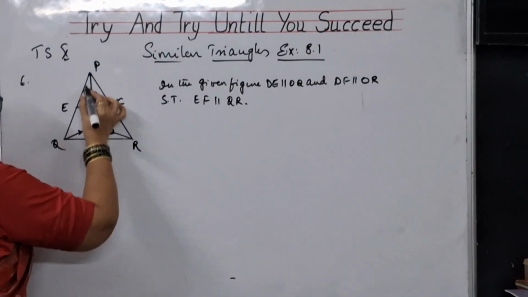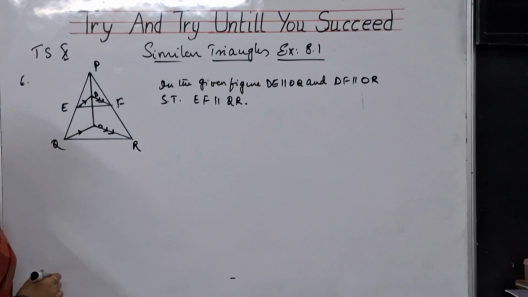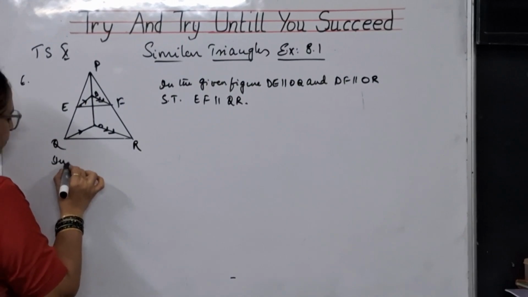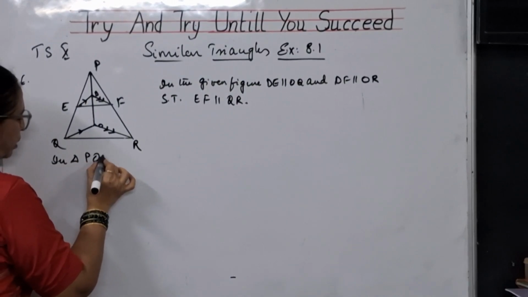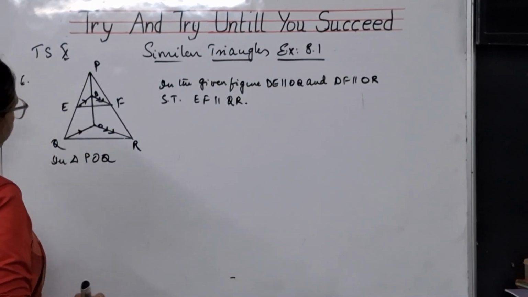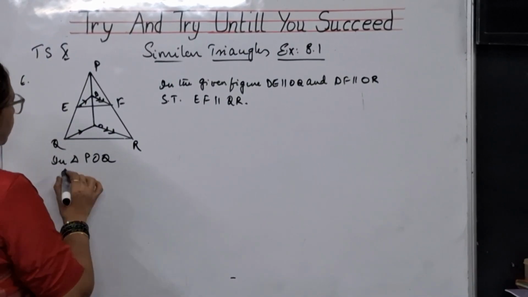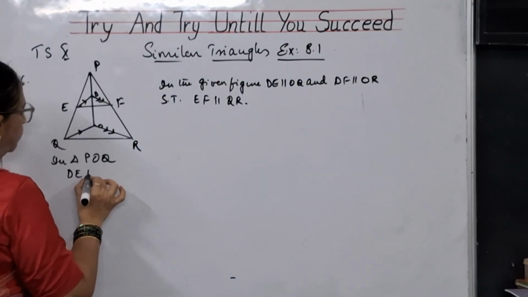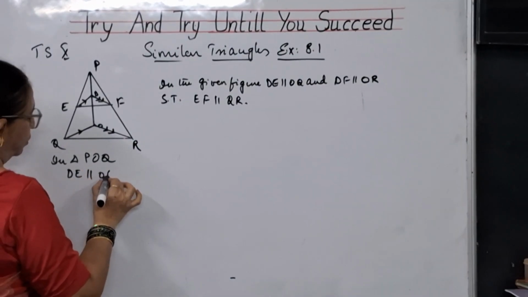So first, let me take triangle POQ. In triangle POQ, could you see POQ? In this, what did they give? DE is parallel to OQ.